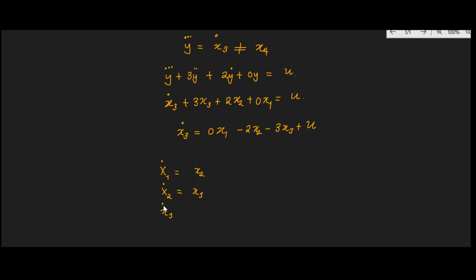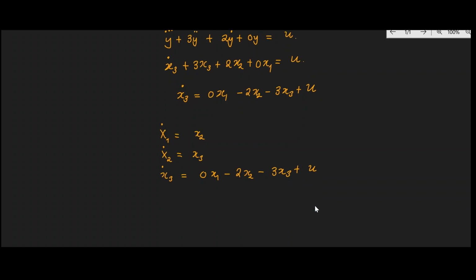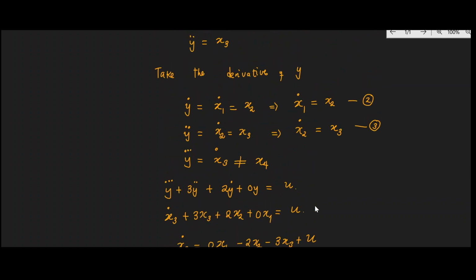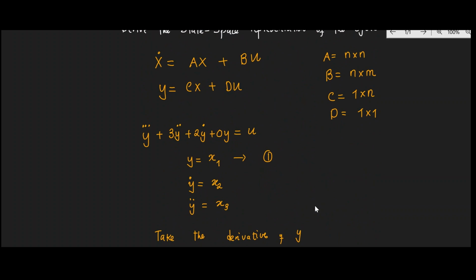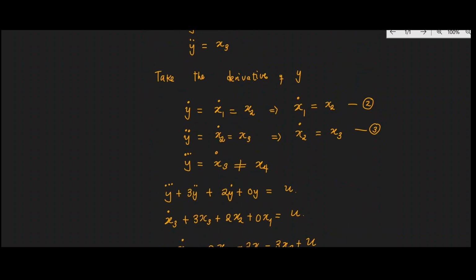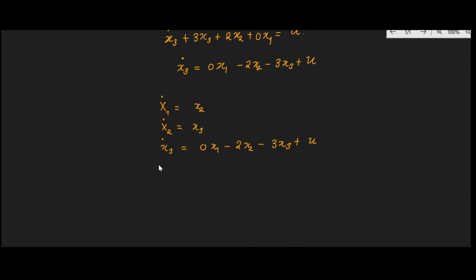This is equal to 0x1 minus 2x2 minus 3x3 plus u. Now let us write this in the state space representation. So let's write that in that form. Now don't forget the output equation, which is y. Y is simply equal to x1.